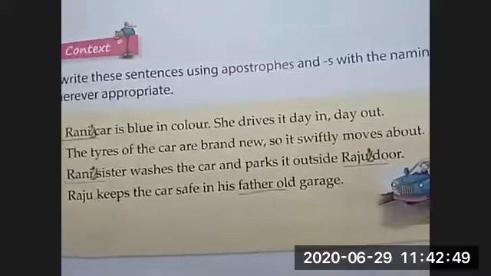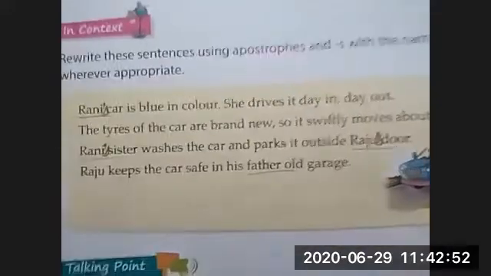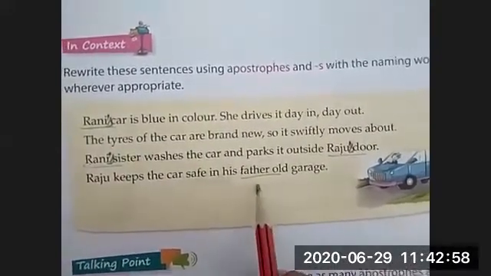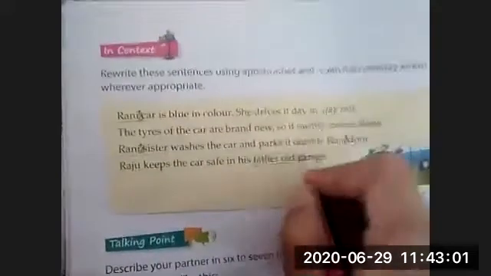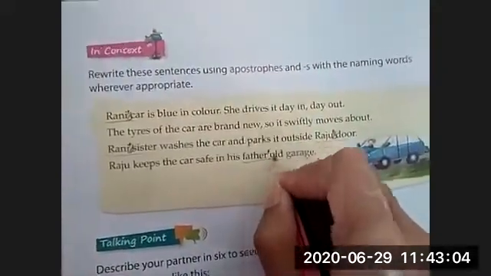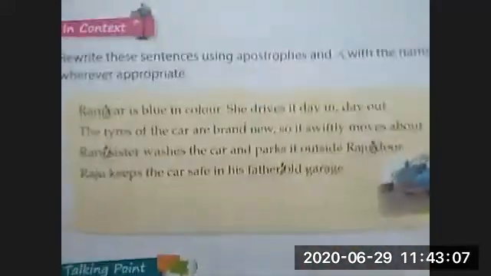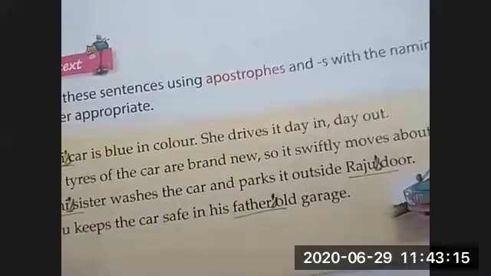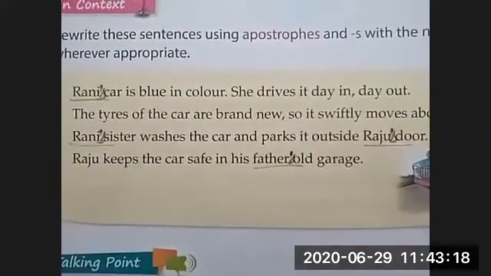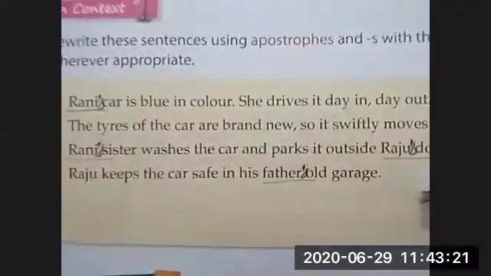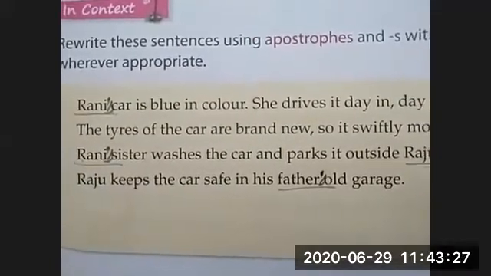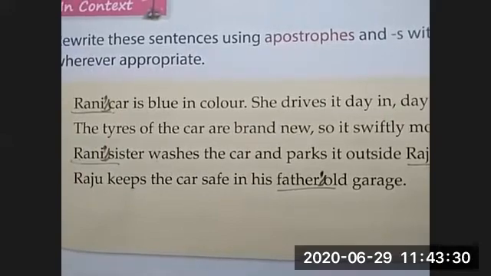Now the last line is: Raju keeps the car safe in his father's old garage. Whose garage is it? Father's. Children, put apostrophe along with the s.